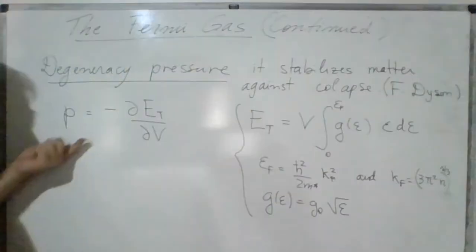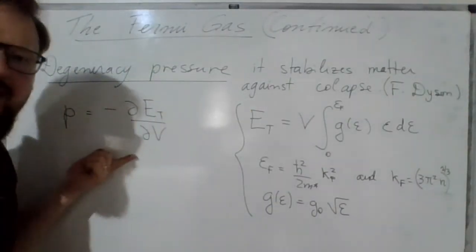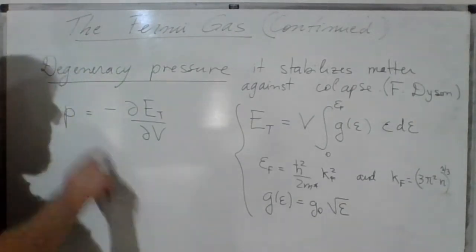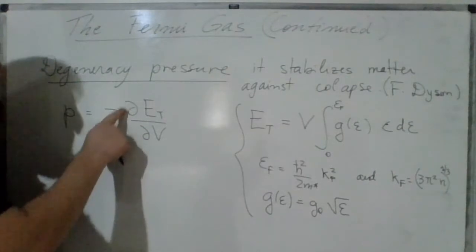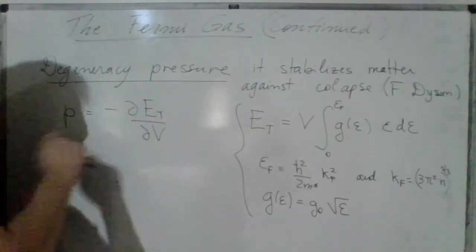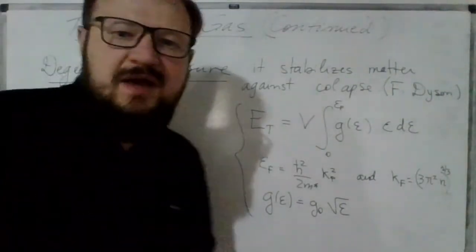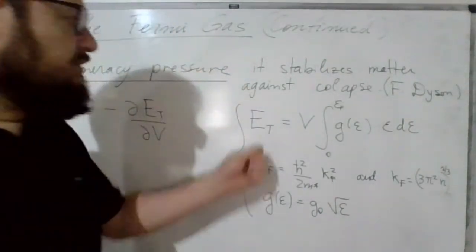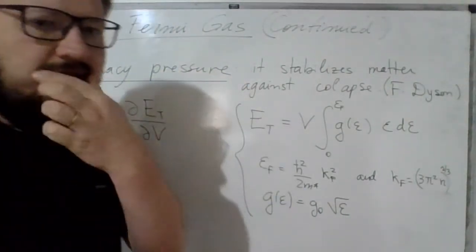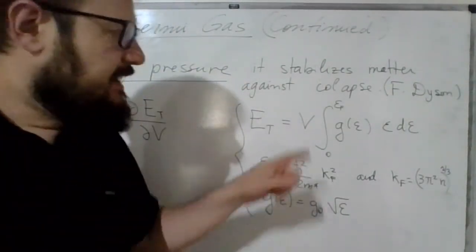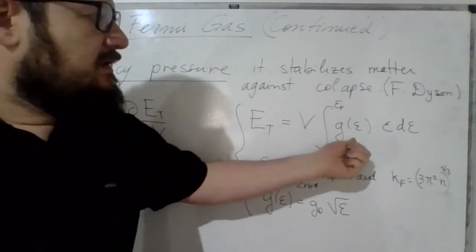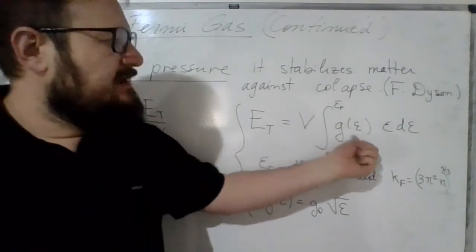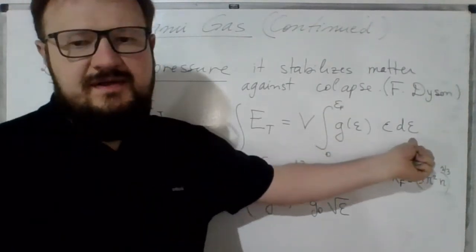But pressure from the thermodynamic viewpoint is calculated by the following formula. It is the derivative of the total energy of the system with respect to the volume. And the total energy we saw in the previous lecture is the volume times the integral of the density of states times the energy over the energy.